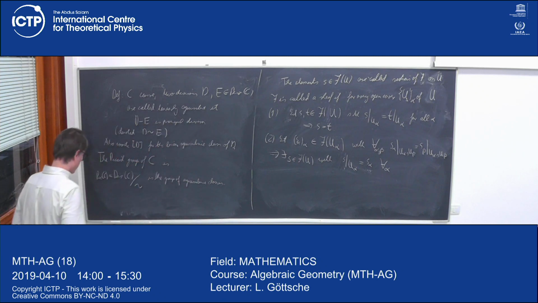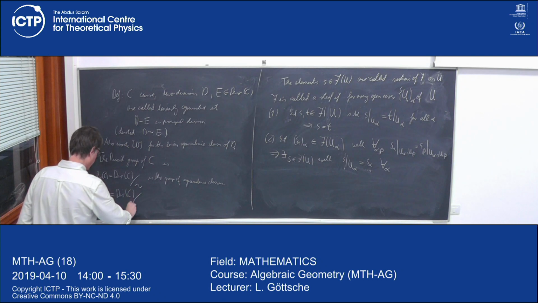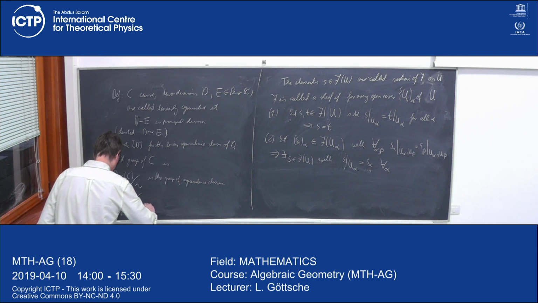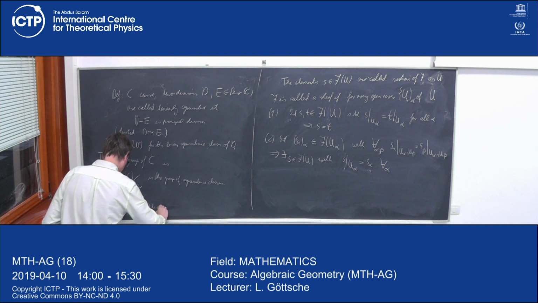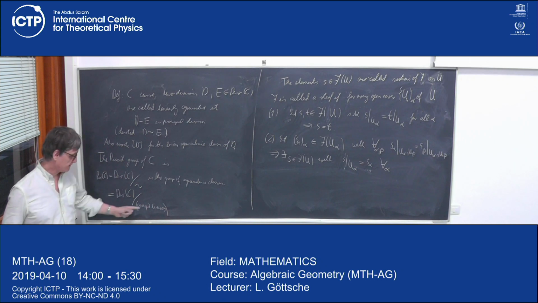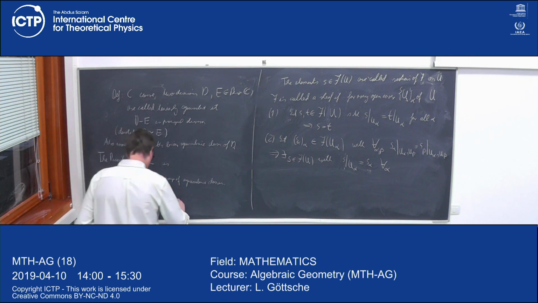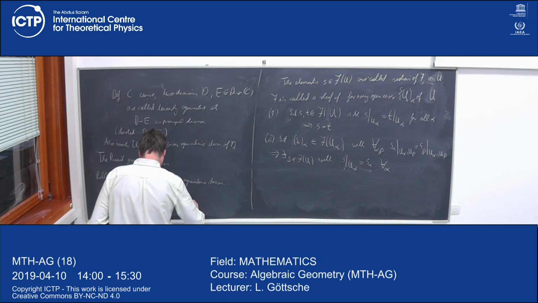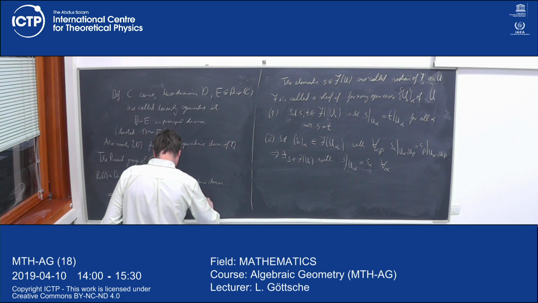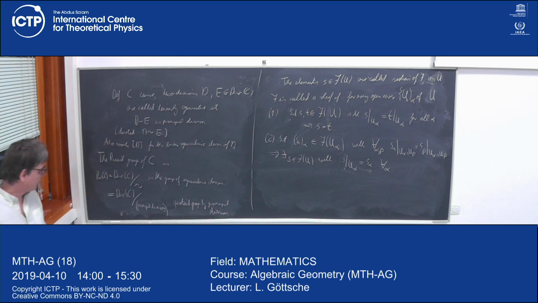Obviously, this is a group because it is the group of divisors of C divided by the subgroup of principal divisors, so this is the quotient group. We only have abelian groups here, so no problem dividing. That's the Picard group.